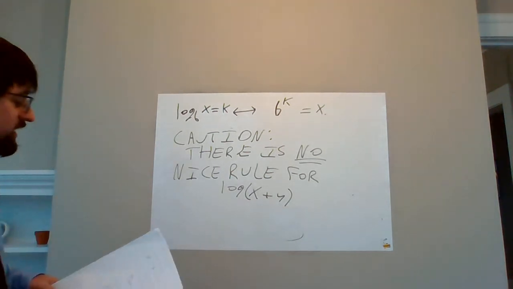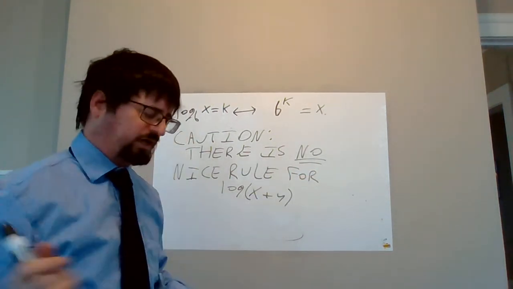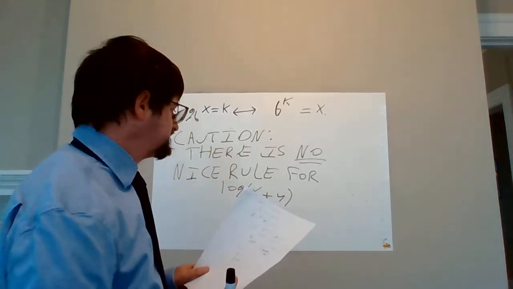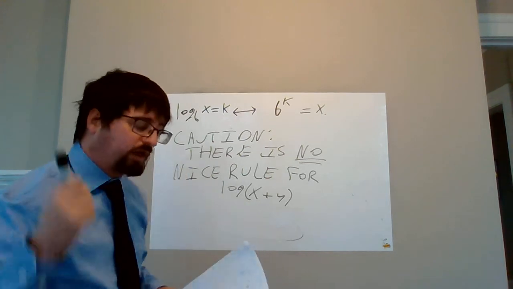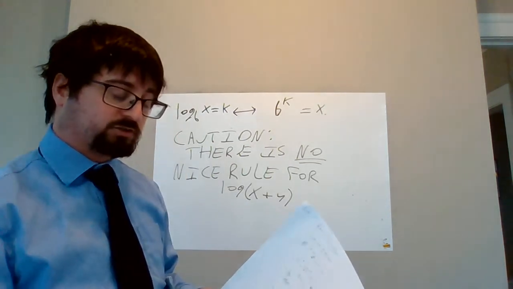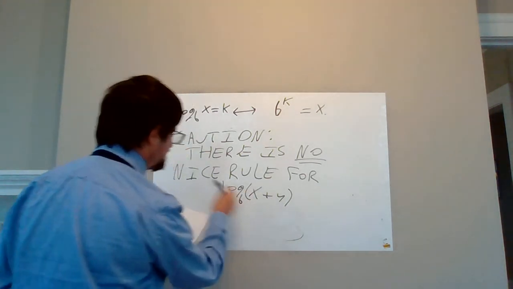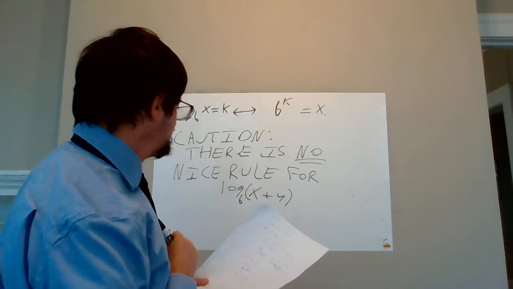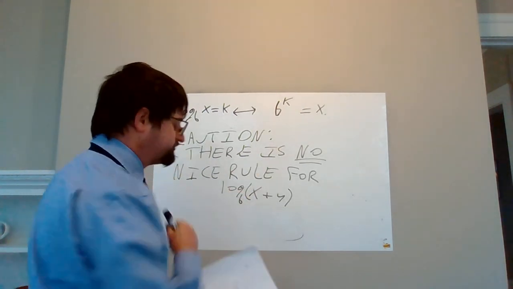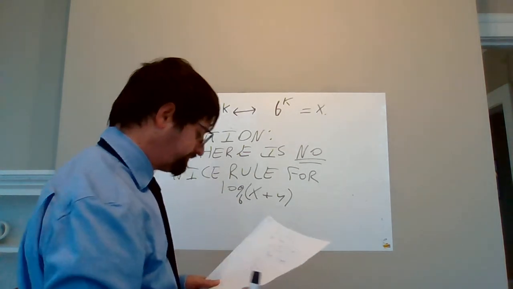Students often want this to be like log x plus log y. No, logs are not linear. There's no easy way to simplify this, okay? It's true that the log of a product is the sum of the logs, right? We just saw that. And so I guess to be careful here, I should always have a b there to be clear what I mean. But there isn't any nice way of writing log of x plus y, okay?